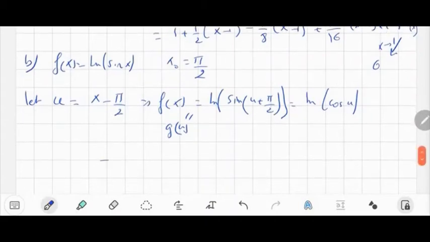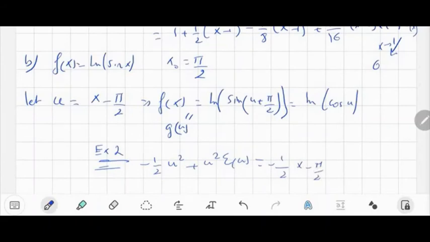So from exercise 2, this is equal to minus 1 over 2 u squared plus u squared epsilon of u. So it will be equal to minus 1 over 2 (x minus pi over 2) to the power 2 plus (x minus pi over 2) to the power 2 epsilon of x, where epsilon of x goes to 0 as x tends to pi over 2.